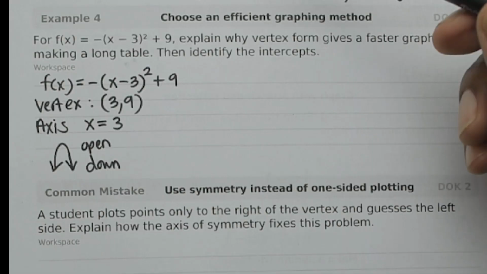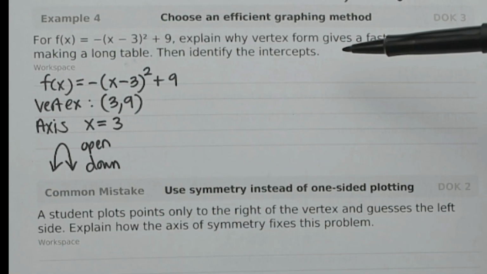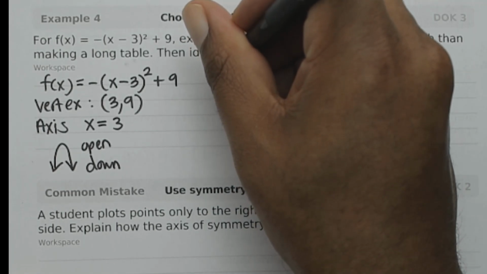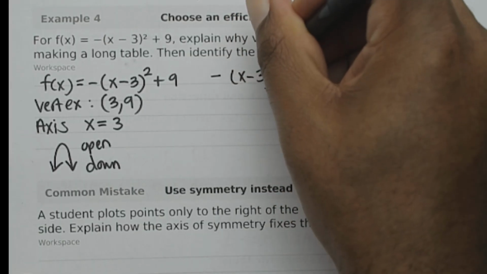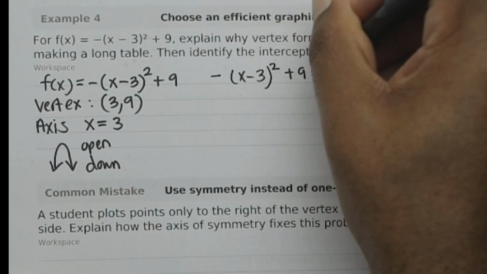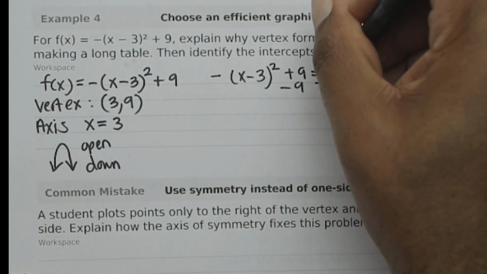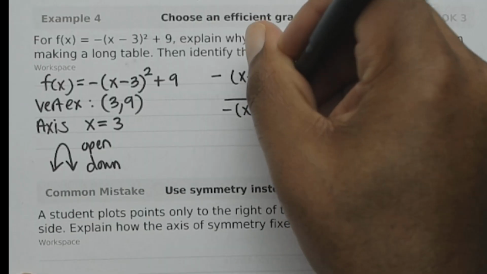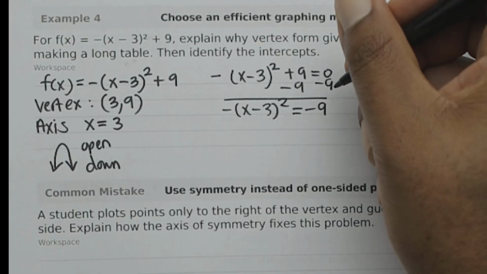Now, in order to find the x-intercepts, what we can do is say, negative (x minus 3) squared plus 9 equals 0. We can subtract 9: negative (x minus 3) squared equals negative 9.